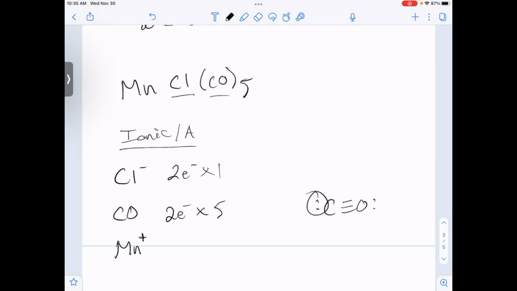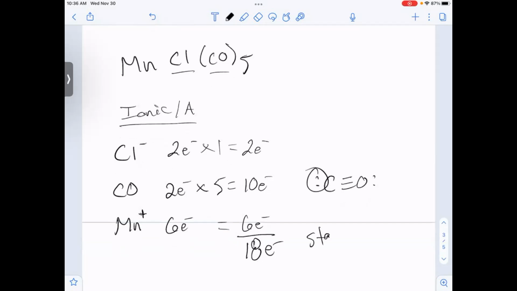Yeah, it should have 6. So now if I add all this up, I have 2 electrons from the chlorine, 10 electrons from the carbonyls, and 6 electrons from the manganese. I have an 18-electron compound, which means this is likely going to be stable.